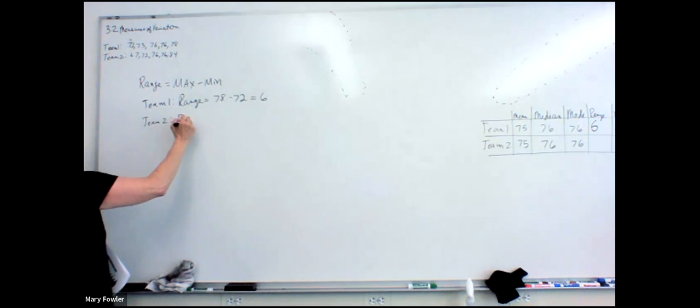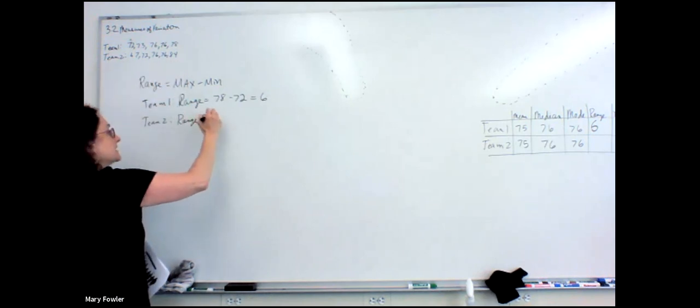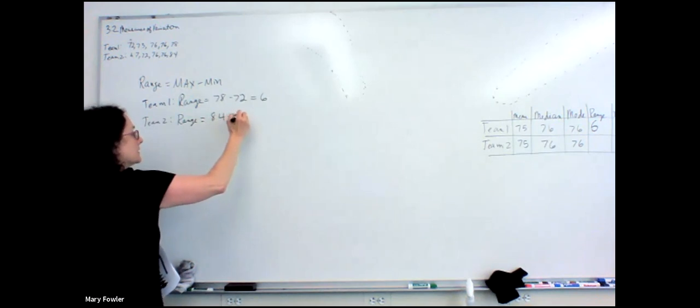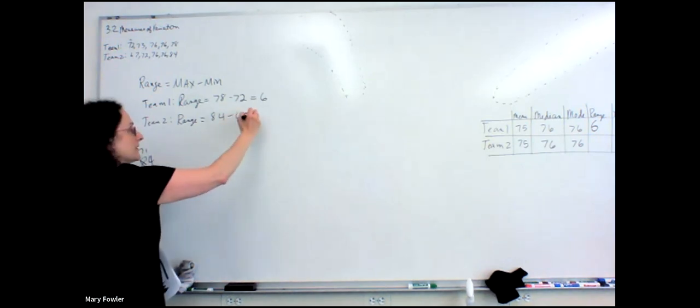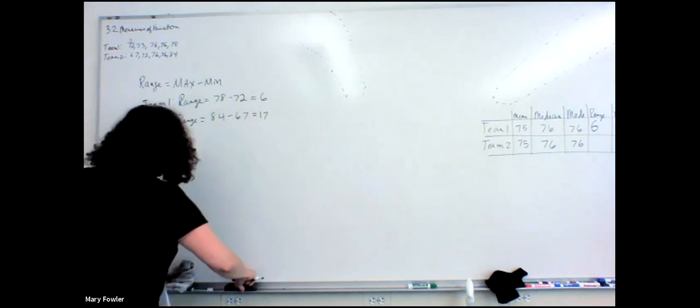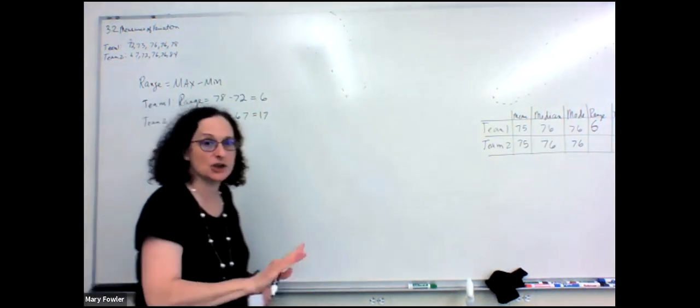Okay, and so my range is 84 minus 67. And I'm going to have to do this off on the side here. 17. So if you guys can please take out your calculators, because we'll have quite a bit of calculation in this section.